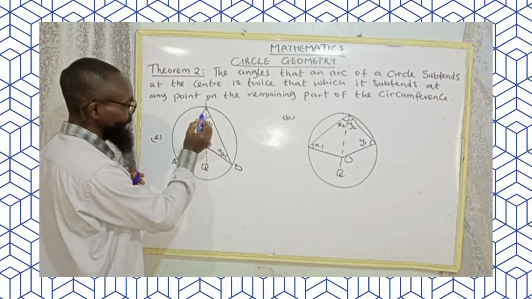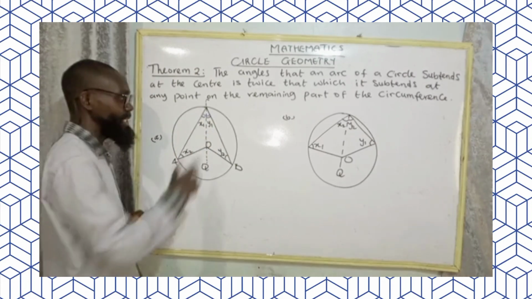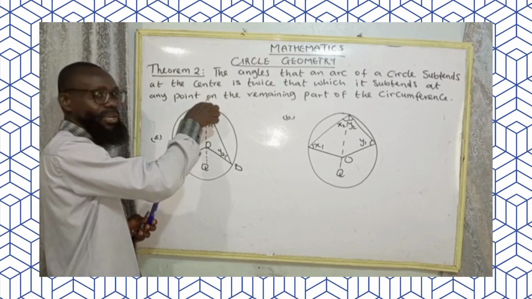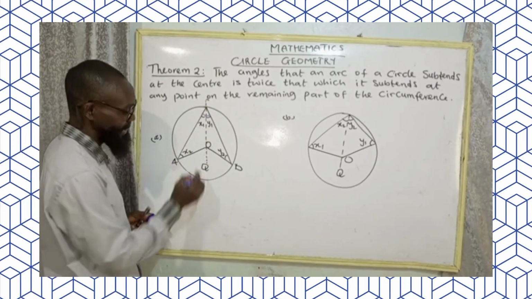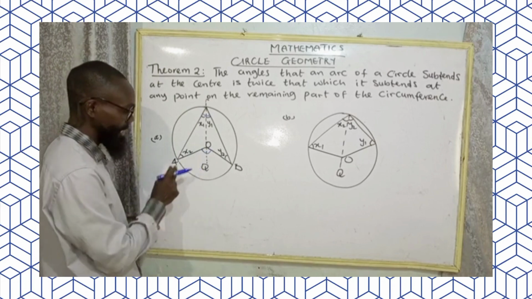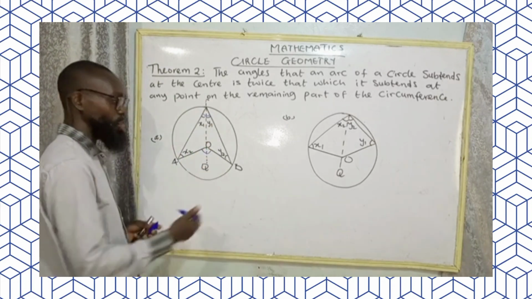this angle here, angle x1, y1, is the angle at the circumference. And the center of this is the reflex AOB. That is, the opposite side of this O is called the reflex.